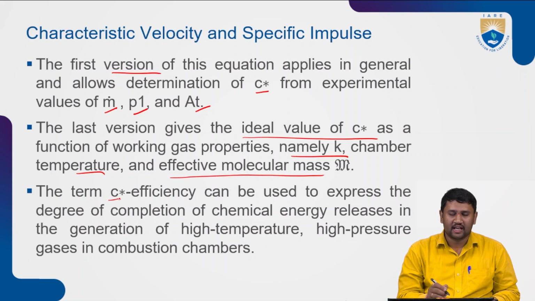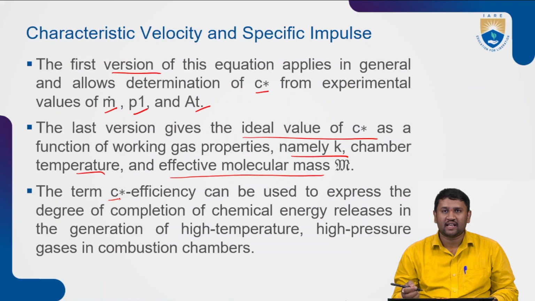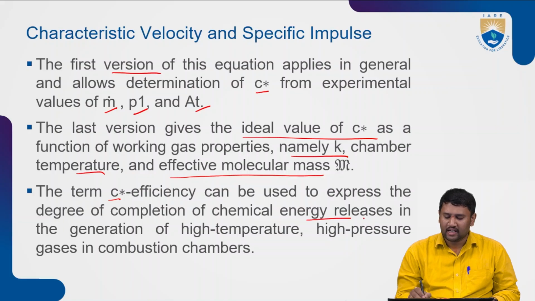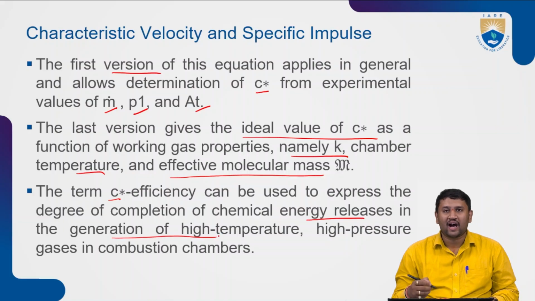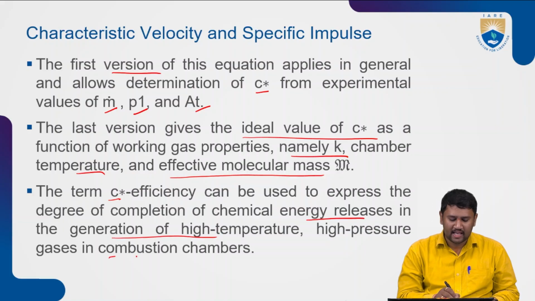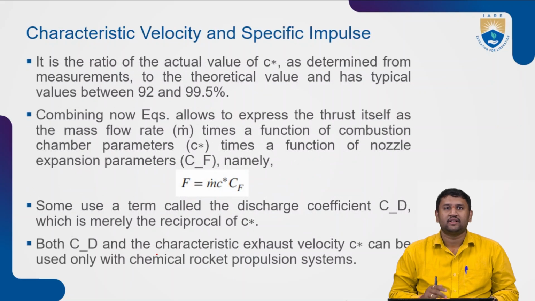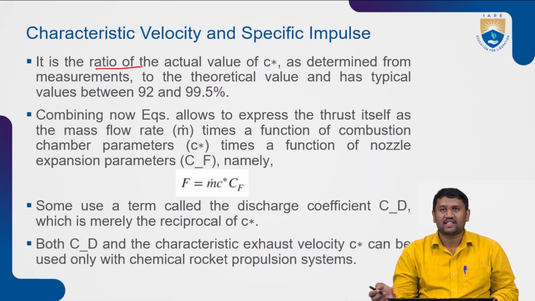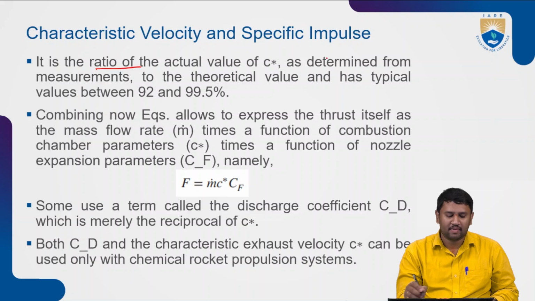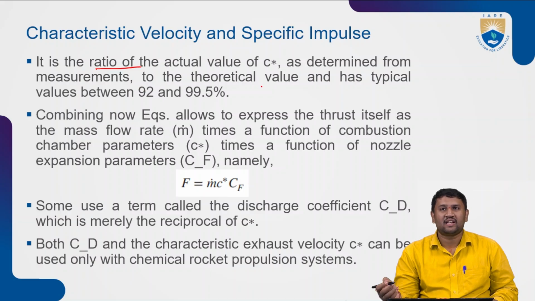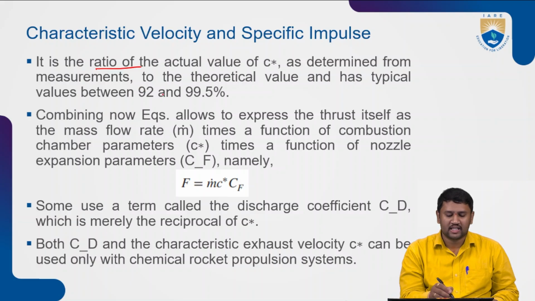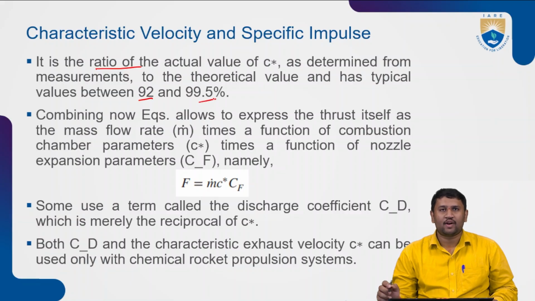The term C star, particularly C star efficiency, or characteristic velocity, can be used to express the decrease of completion of chemical energy released in the generation of high temperature, high pressure gases in combustion chambers. It is a ratio of an actual value of C star, as determined from measurements, to the theoretical value, with typical values ranging between 92 to 99.5.